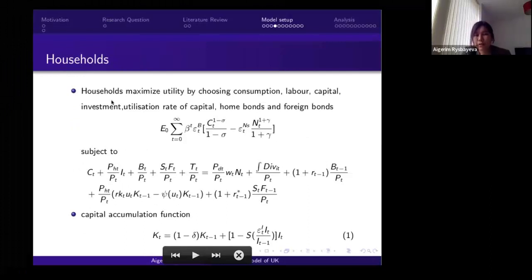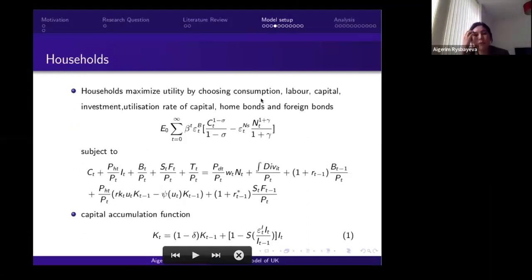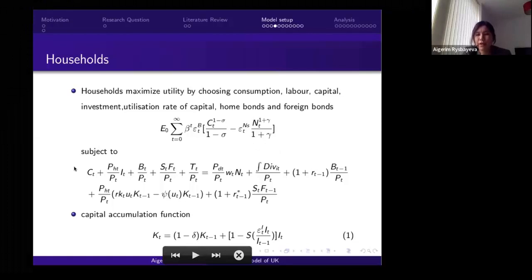For example, the households maximize utility. Utility we derive from consuming the goods and disutility from supplying the labor. But we have a constraint because the income is limited. So households use the income from labor and from profits from firms, which I assume as dividends.